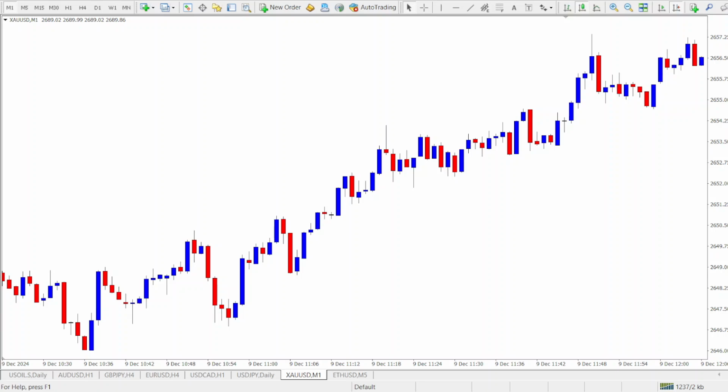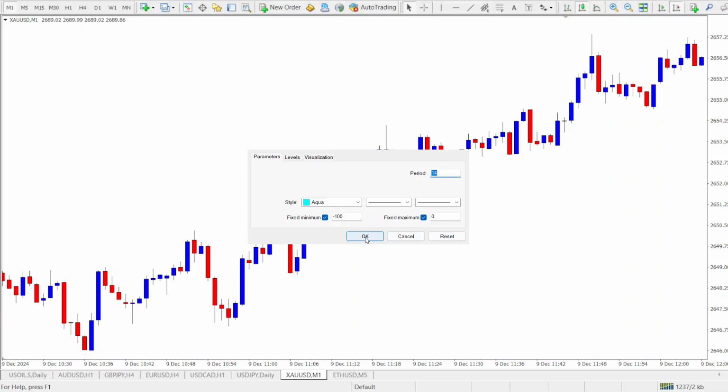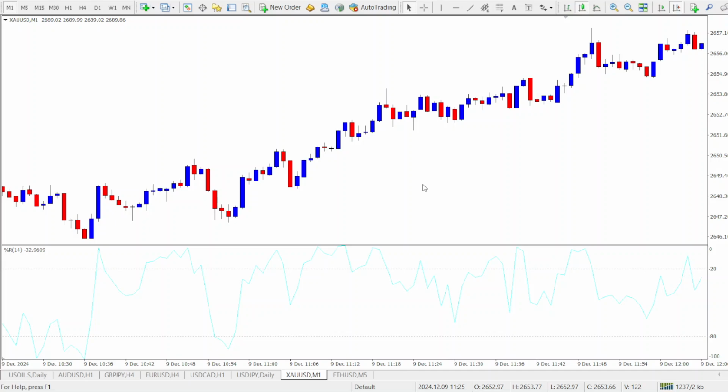So in this particular video, we are going to be diving deep into an effective momentum indicator that every trader should know. And that is none other than the Williams percent range. Okay, so I'm just going to add the Williams percent range to the chart right away. So this is the Williams percent range indicator.